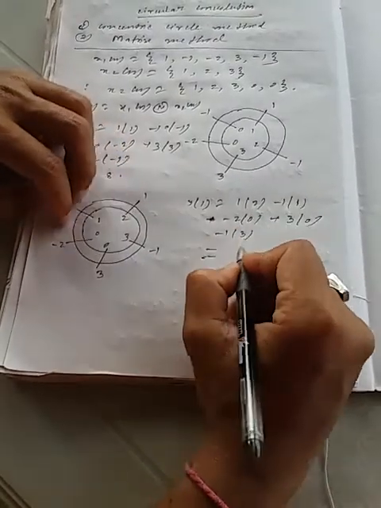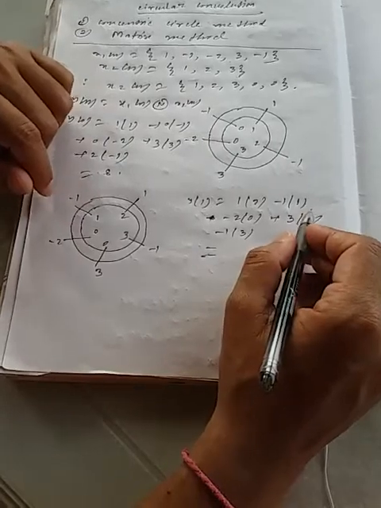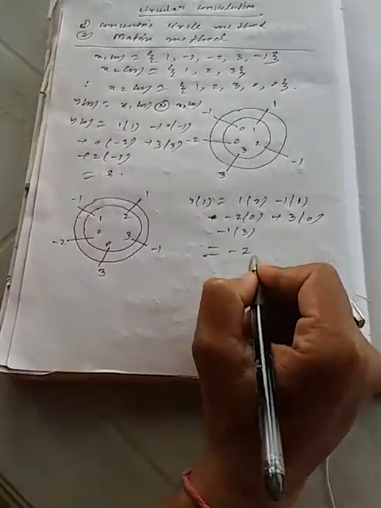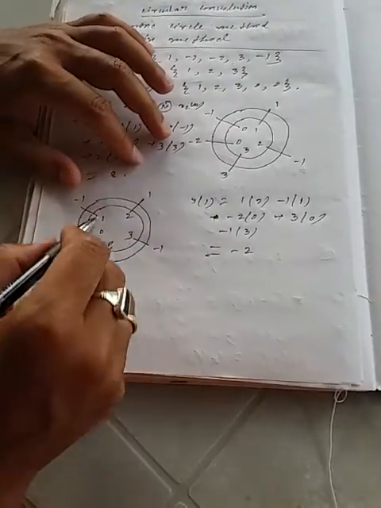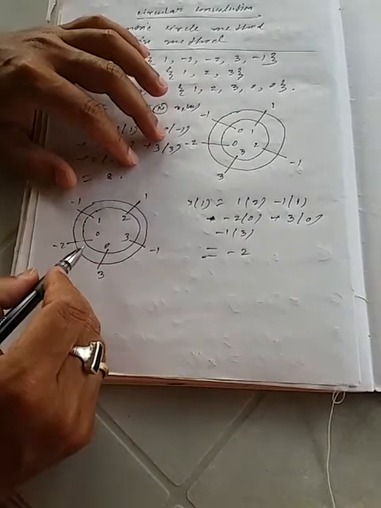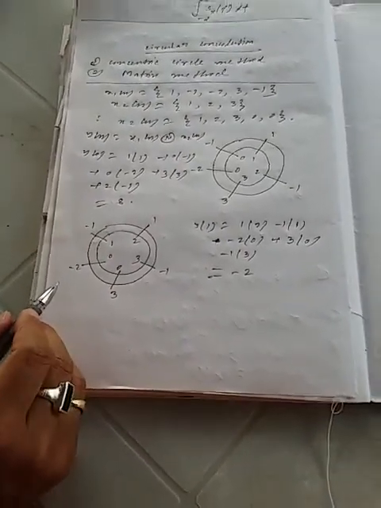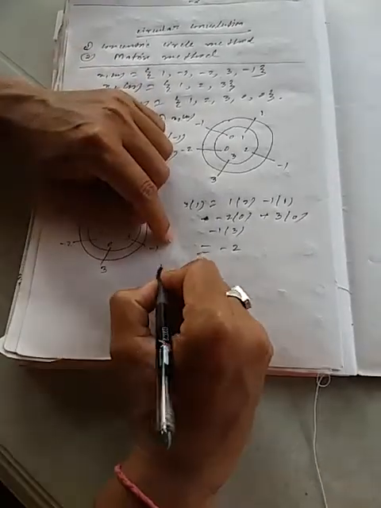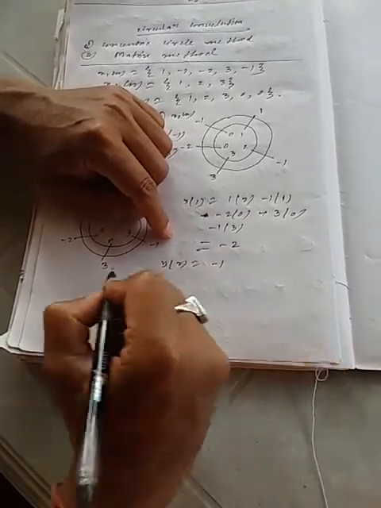So it will be 2 - 1, that is 1, and -3, so it will be -2. Now again the inner circle has to be rotated in the counterclockwise direction by another one element. Then we can obtain y[2], which will be equal to -1.